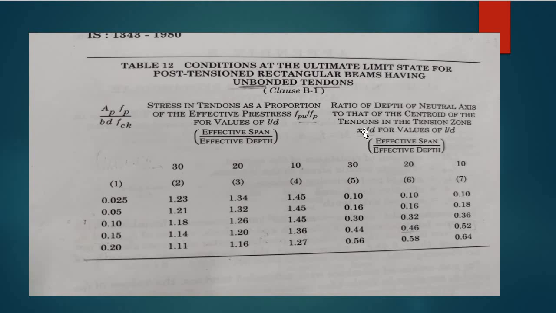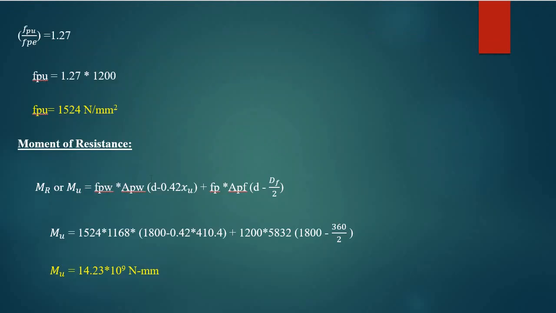When we are looking for the XU by D ratio, we should refer to the fifth, sixth and seventh columns. But in both cases, the L by D ratio is common. By using the L by D ratio only, we will find out the values. Hope you have understood this problem. Thank you.